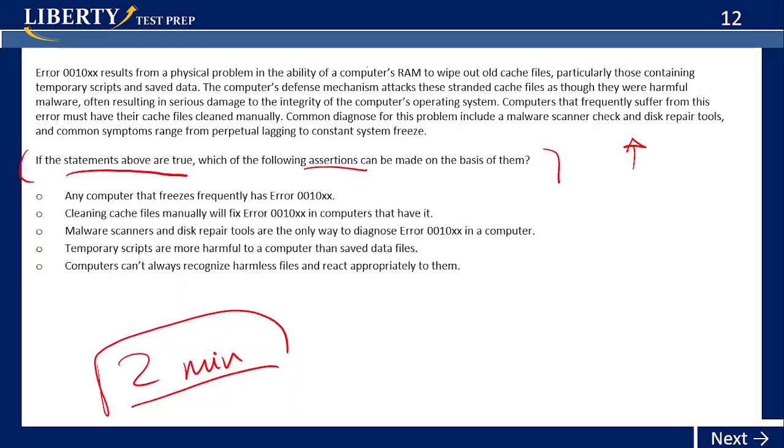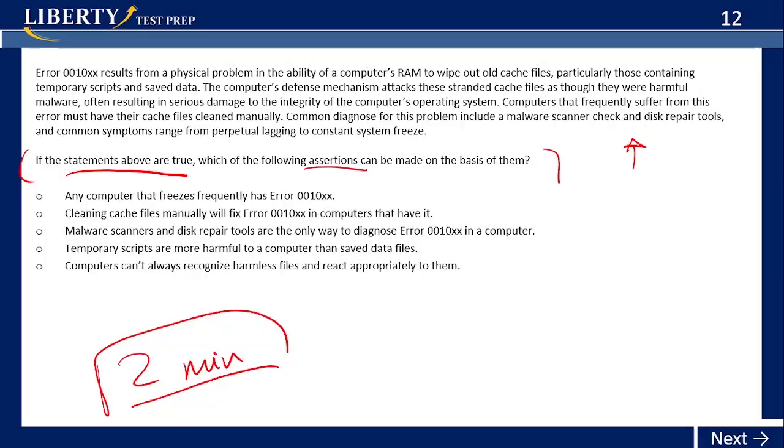This is a tough argument, right? Because it has to do with computers and things like that. Computers that frequently suffer from this error must have their cache files cleaned manually. Common diagnoses for this problem include malware scanner check and disk repair tools. And common symptoms range from perpetual lagging to constant system freeze.